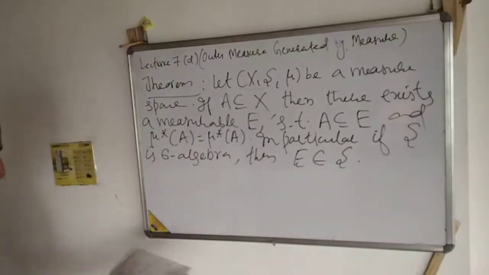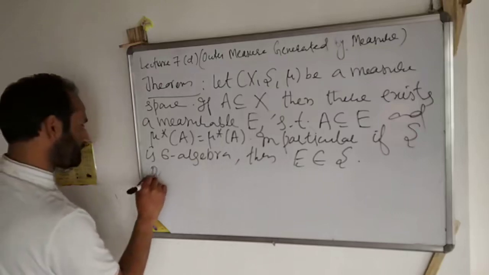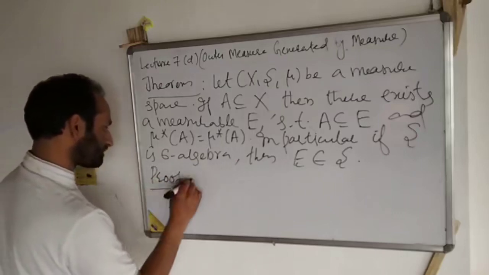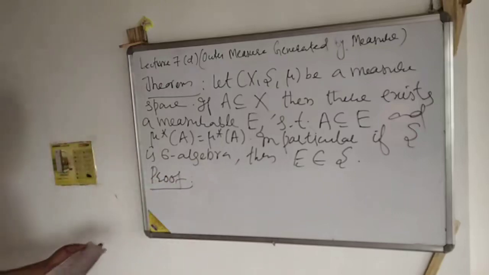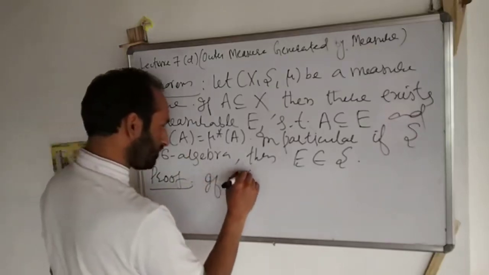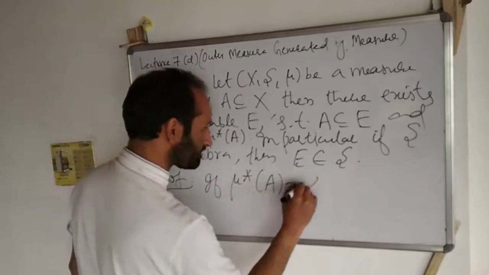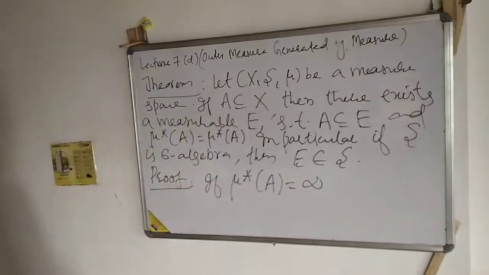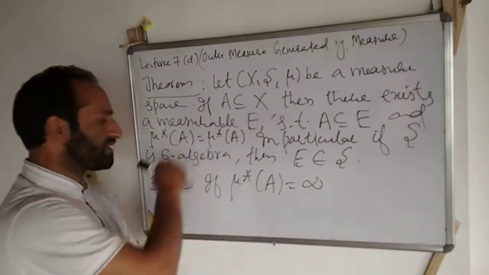Okay, let's prove this result. First, if mu star of A is infinite, which set can I choose that is measurable, with the outer measure of that set the same as the outer measure of A?